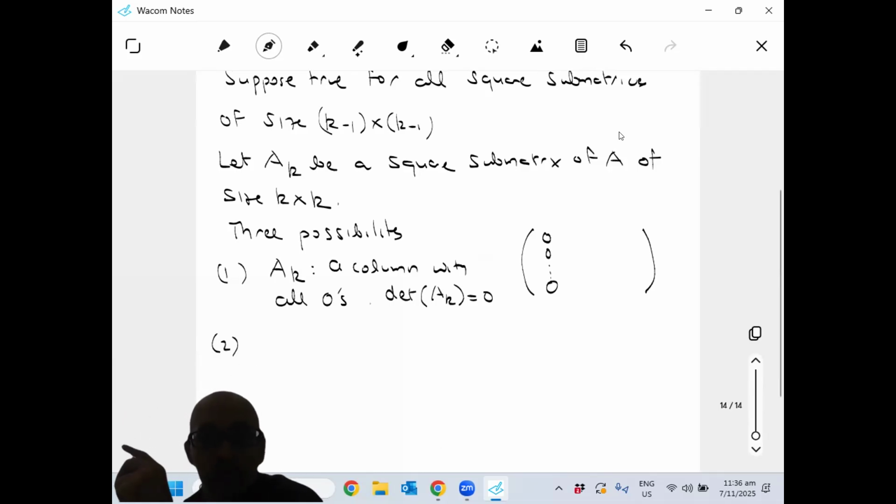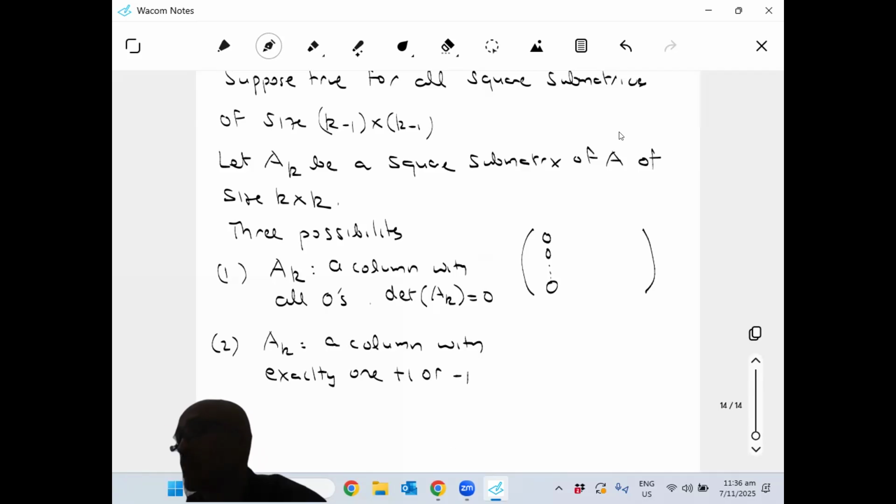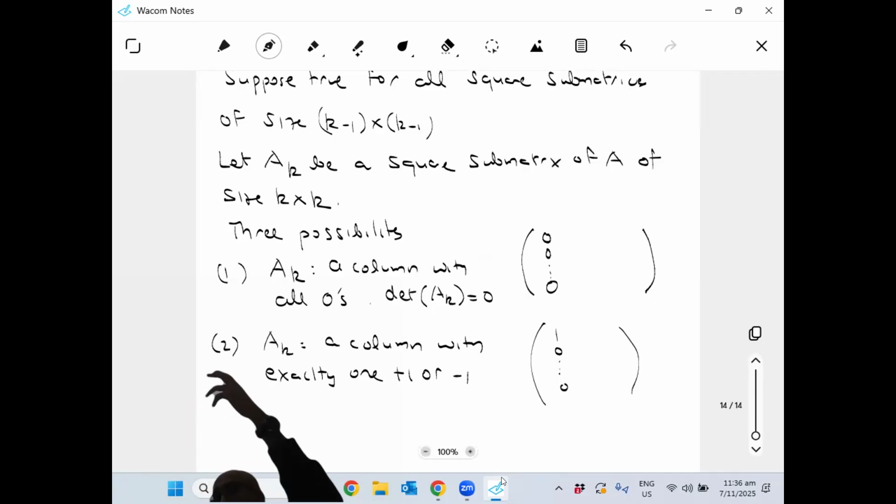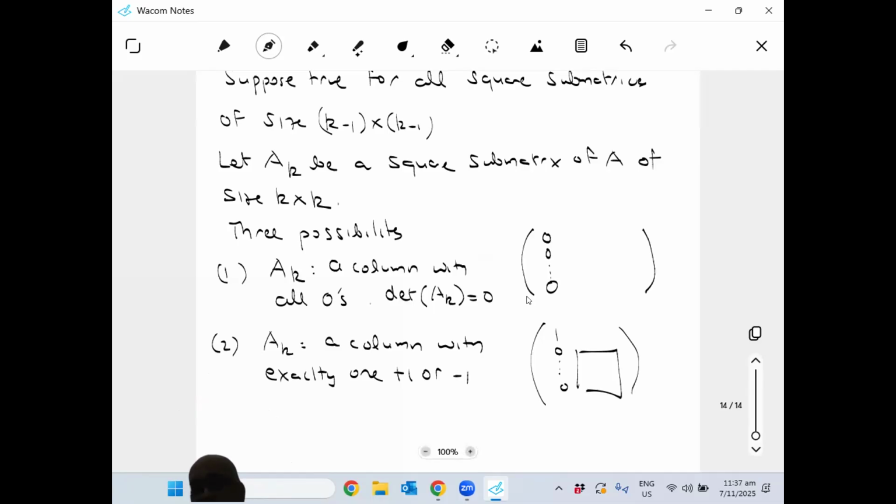Second possibility: AK has a column with exactly one plus 1 or minus 1, so you might have a column where there's exactly one nonzero entry and everything else is 0. If you compute the determinant using the cofactor formula, you take this 1 and compute the determinant of the submatrix of size k minus 1 by k minus 1, plus 0 times the remaining terms, plus 0.